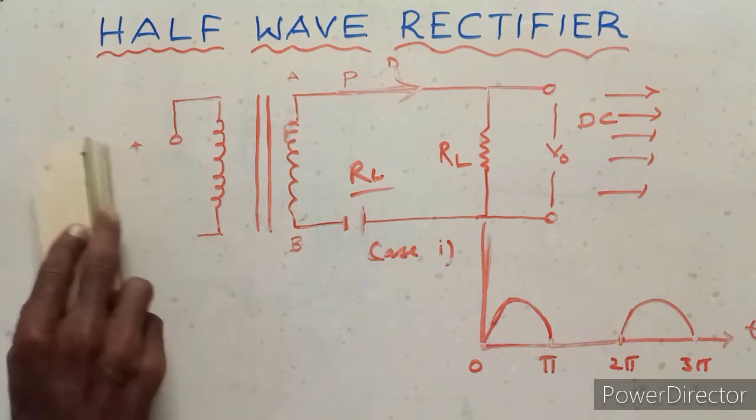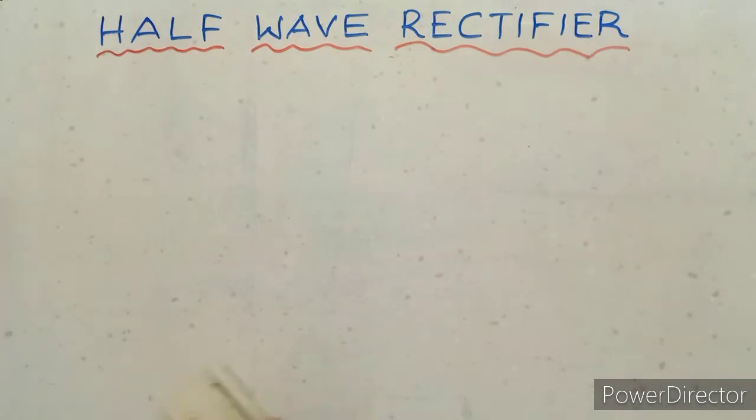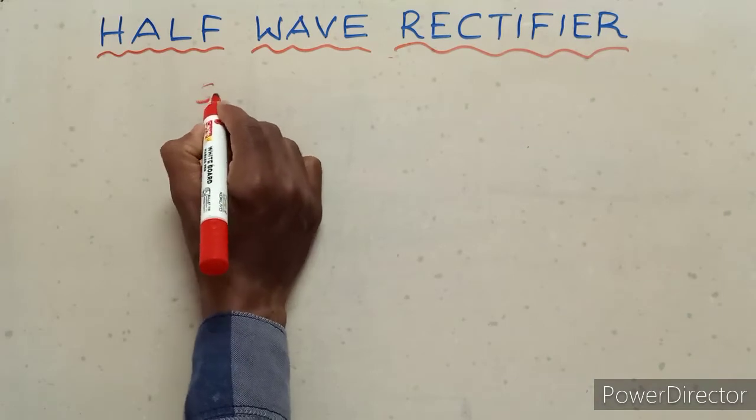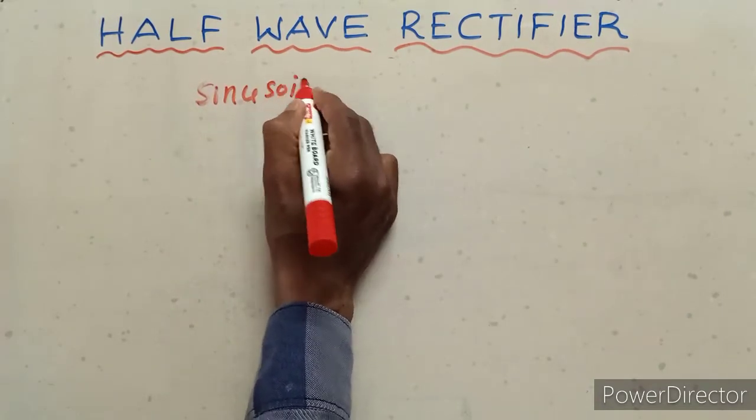So for the analysis of half-wave rectifier, we have to find some parameters. So first of all, input is the sinusoidal voltage.